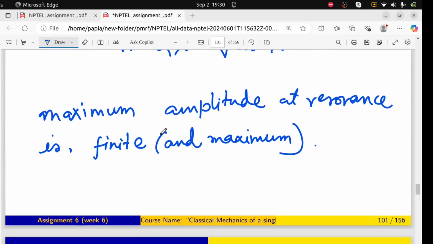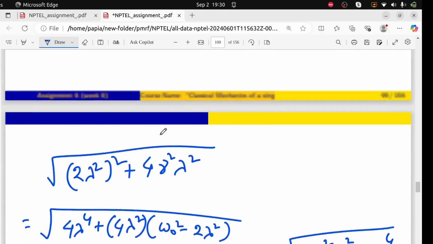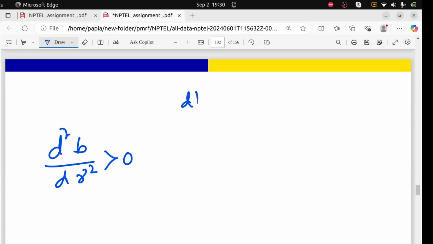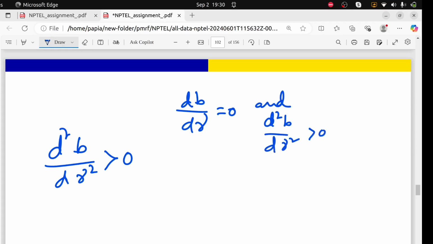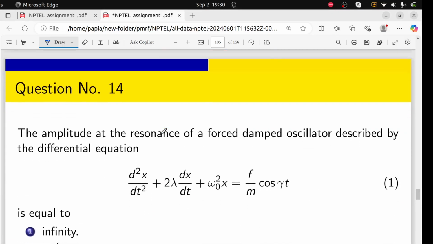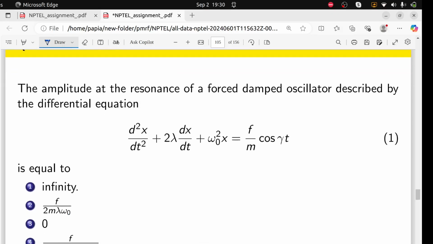Because we will put the expression that gamma square equals omega 0 square minus 2 lambda square, and this is coming from this condition. Okay. The amplitude at resonance of a forced damped harmonic oscillator is described by this differential equation. This is a very well-known equation, as we have already discussed.